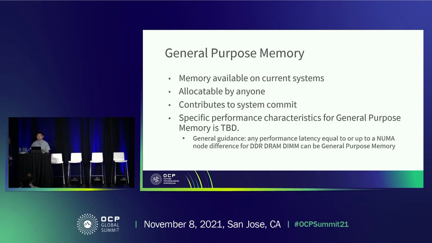General purpose memory is the memory that we have available on today's systems. This is memory that's managed by the operating system's memory manager. The memory manager will use features such as paging or compression to make that pool of memory be more than what's actually physically there for applications to use. General purpose memory is allocatable by anyone. It contributes to system commit.